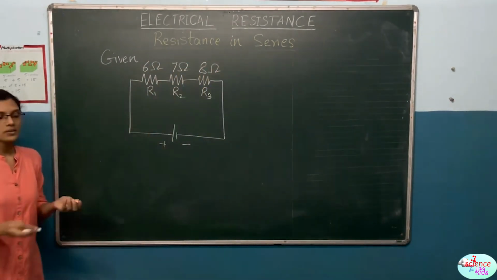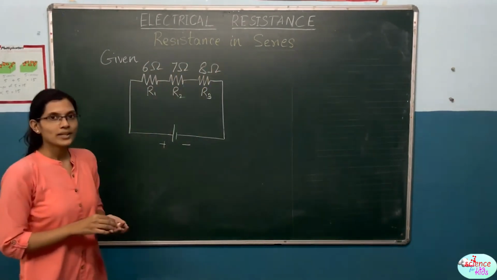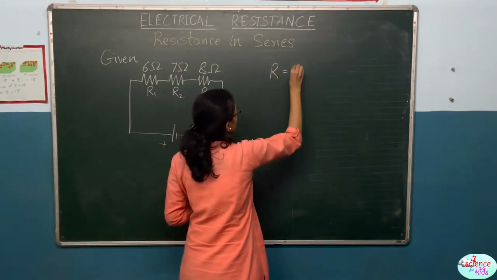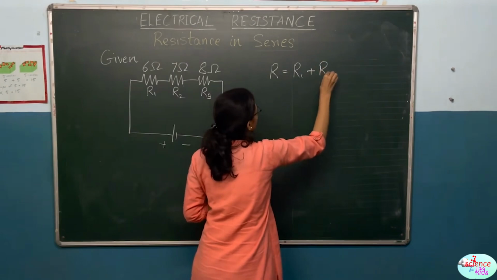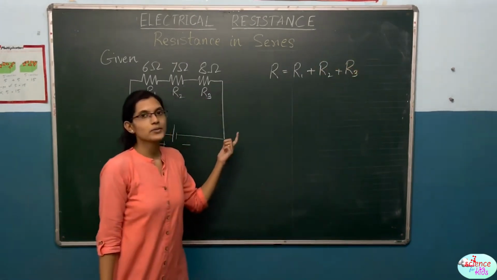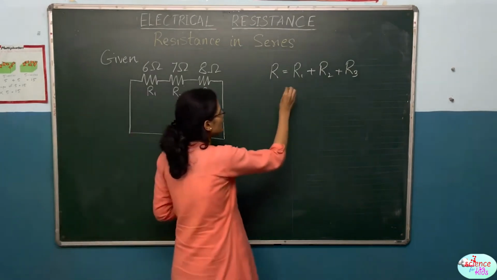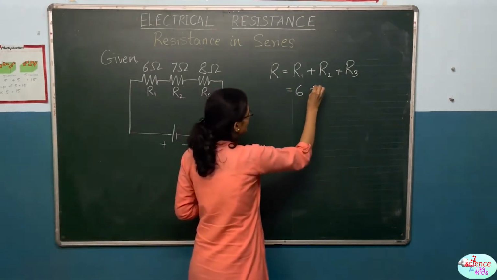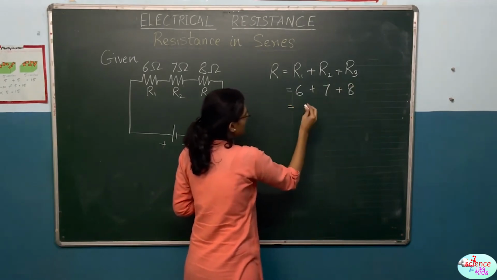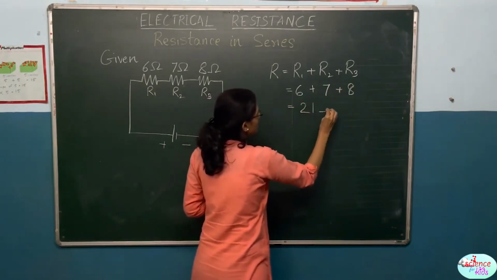This is given in our question. Now the formula to find total resistance is R1 plus R2 plus R3. We know the values for R1, R2 and R3, so we can just fill them in here. The total will be 21 ohms.